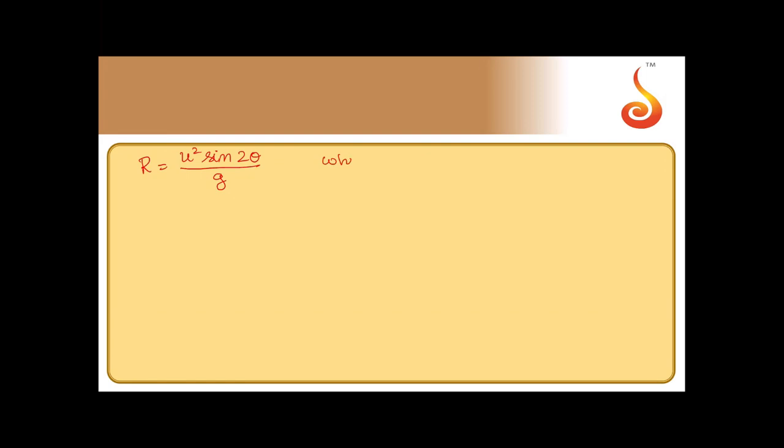Now when theta is equal to 15 degree, so r is given 1.5 kilometer, that is substitute in kilometer only. 1.5 is equal to u square sin of theta is 15 degree, 2 theta will be 30 degree, divided by g.